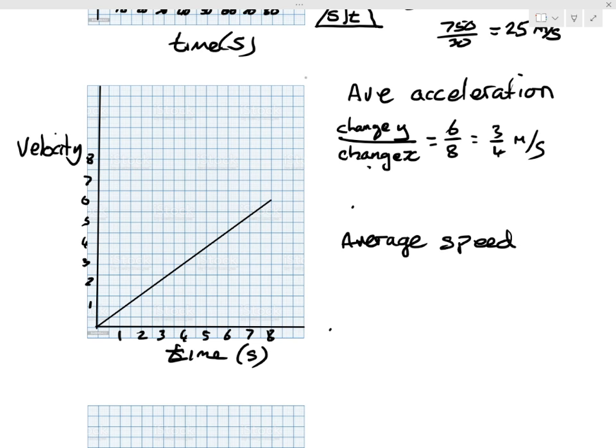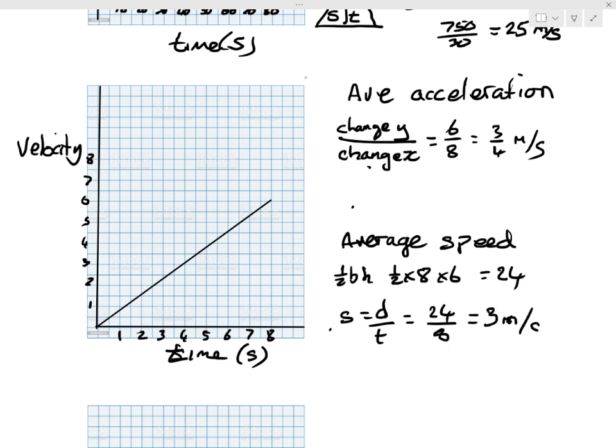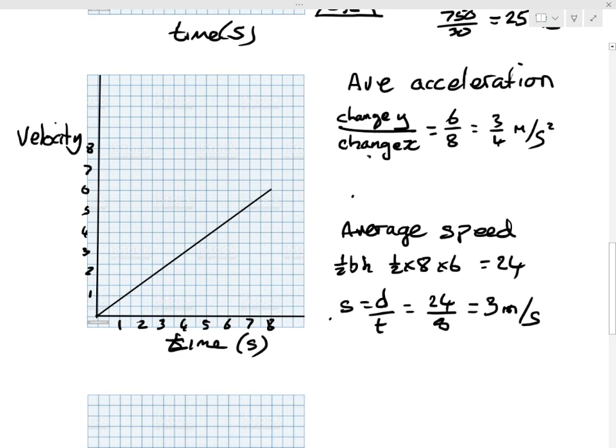For the average speed, we have to work out the area underneath, which is half base times height, half times 8 times 6. 6 8s are 48, 24. And the speed is equal to the distance over the time, which is 24 over 8, which is equal to 3 meters per second.